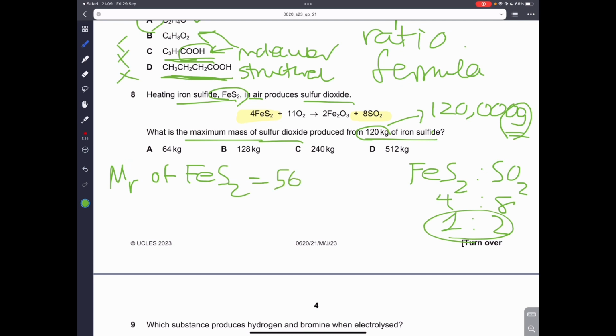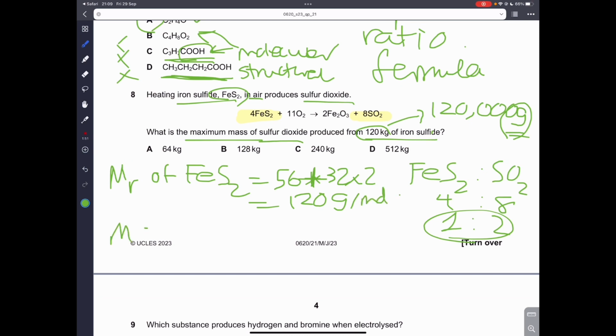This is going to be 56, which is iron, plus 32 times 2. This is going to give us 120 grams per mole.